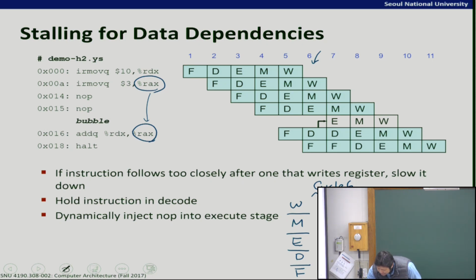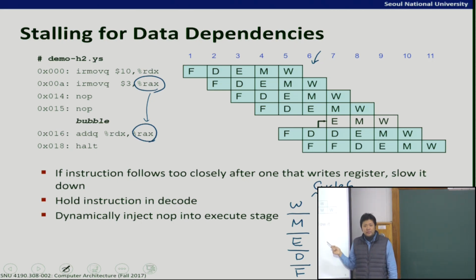In cycle 6, the IR move Q is here. In M stage, there's a NOP. In E stage, there's another NOP. In D stage, we have add Q. In F stage, we have halt. So this is a snapshot of the pipeline in cycle 6.